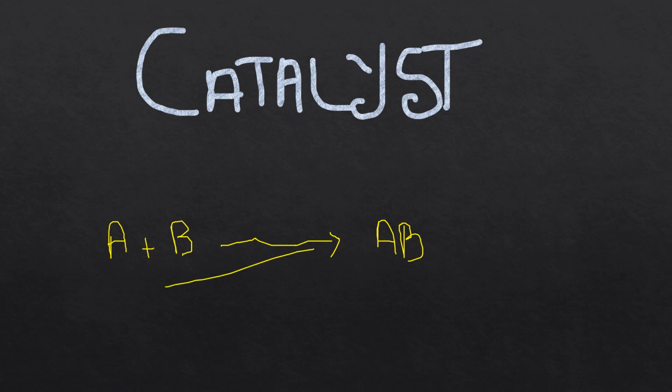This is the general process that happens, where A reacts with B, but here we want to speed up the process. We want A and B to react to each other quickly.